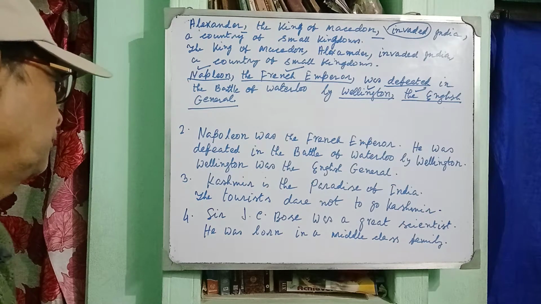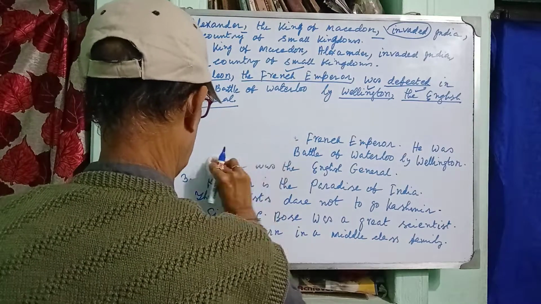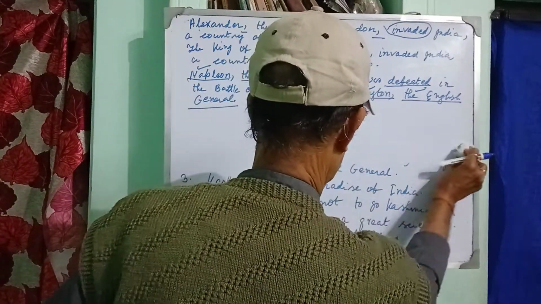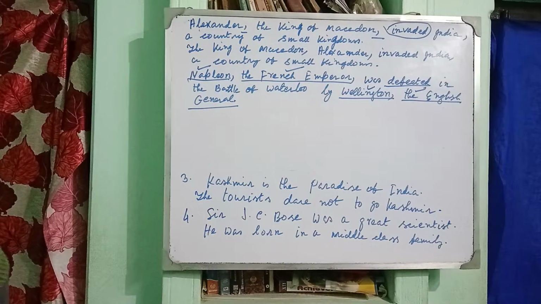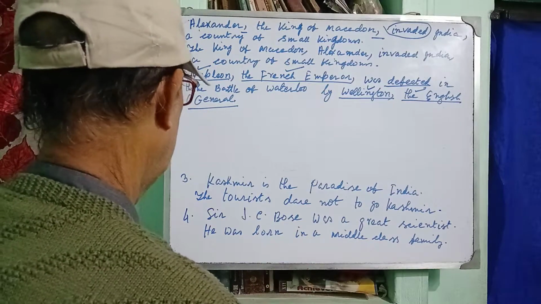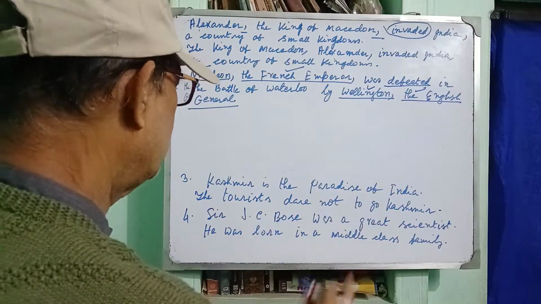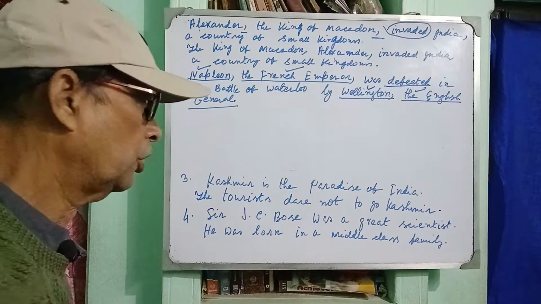Now come to the third set of sentences. You see that Kashmir is the paradise of India. Tourists dare not go to Kashmir.